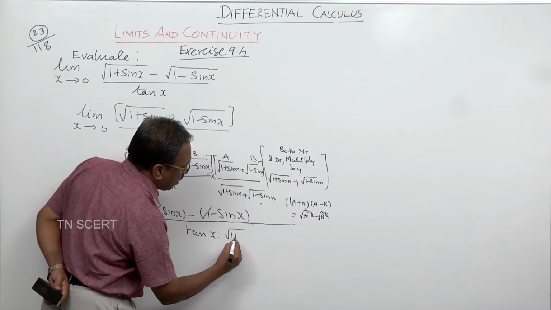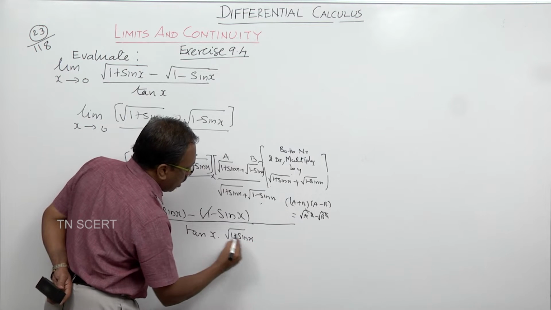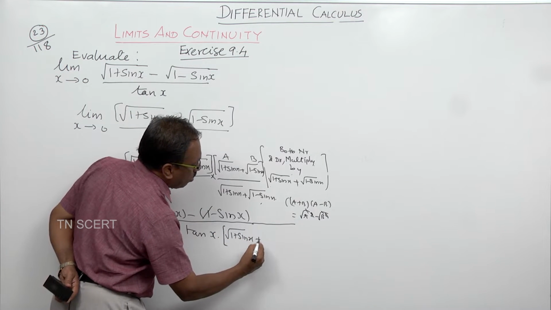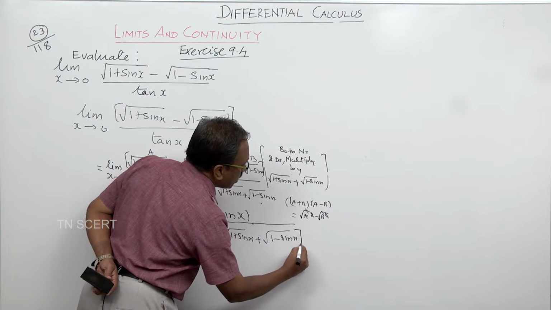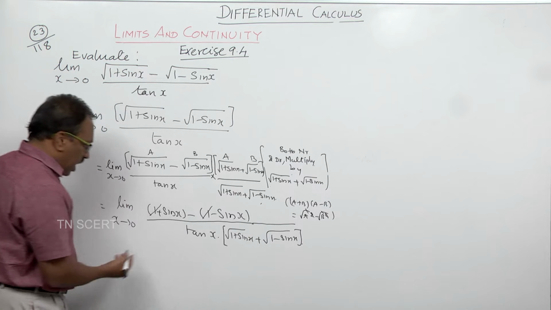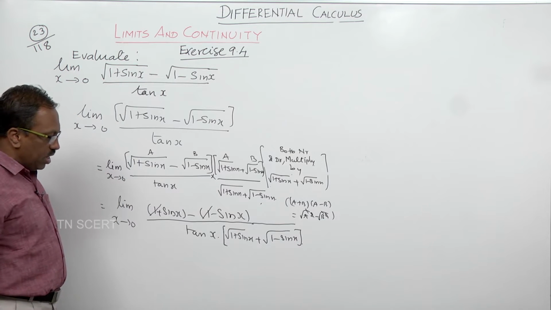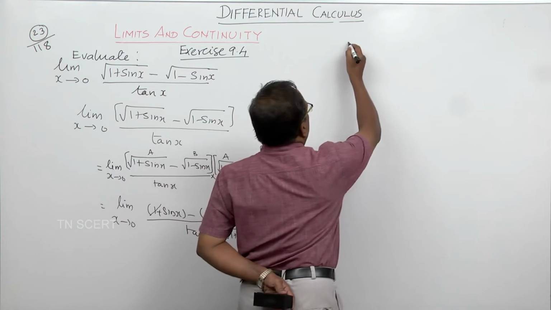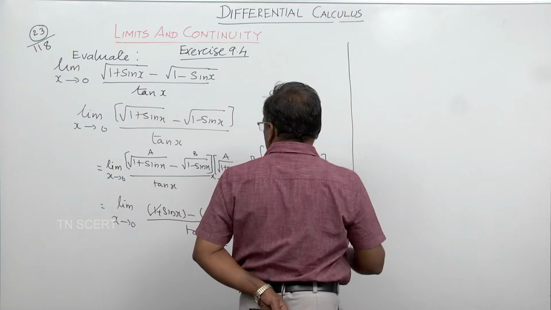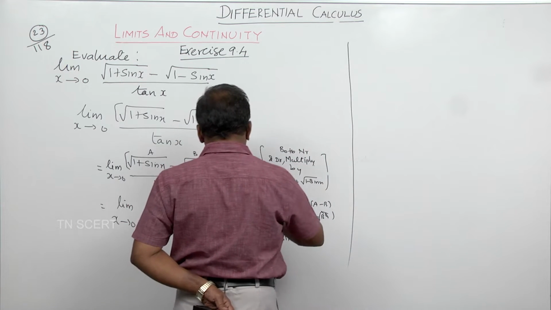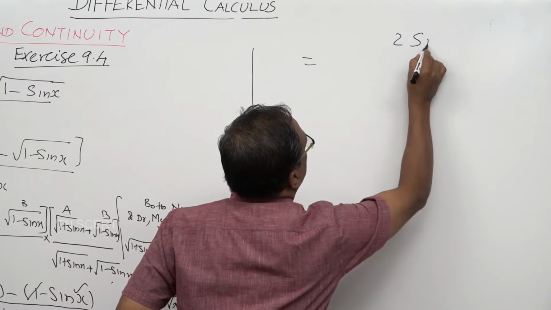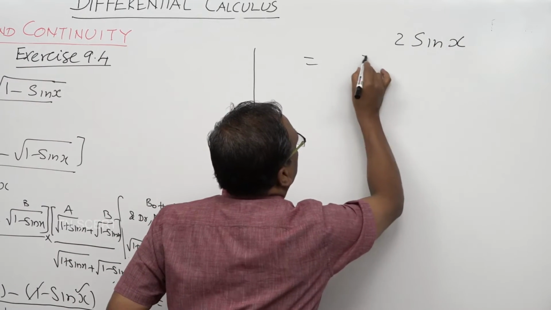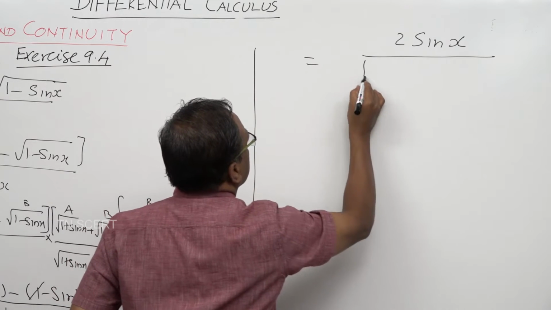Root of 1 plus sin x. You put a bracket, that will be easier for you to manipulate. So, sin x plus, this term let it be here. What about the next part? This part will become sin x, and this minus of minus sin x will become 2 sin x, remember that, by tan x.